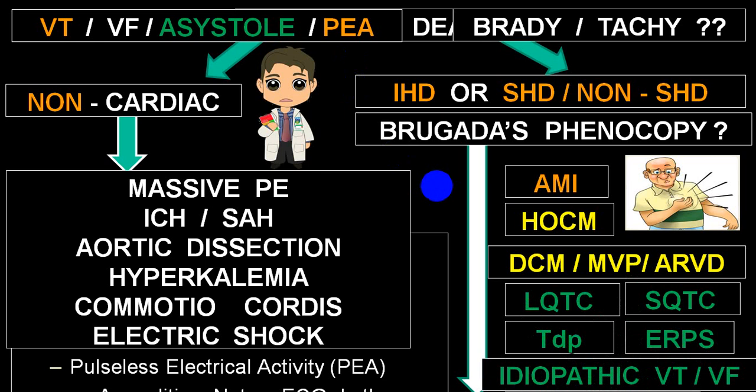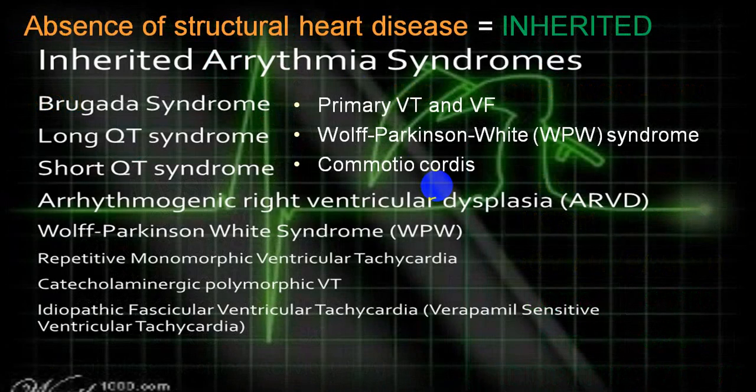There is one group we also label where we cannot identify the cause, we call idiopathic VT VF. And then catecholaminergic polymorphic ventricular tachycardia. These are all inherited conditions: Brugada, long QT, short QT, primary VT VF, Wolff-Parkinson-White syndrome. Commotio is actually not inherited, but certain people are more prone to it.